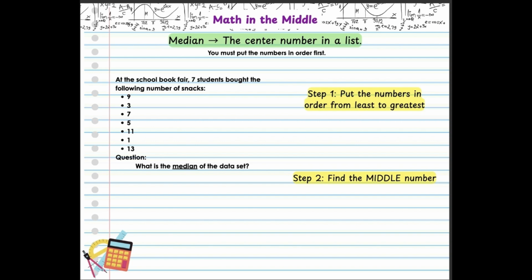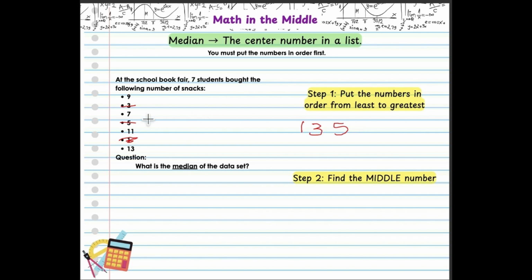So let's do step number 1. Put the numbers in order from least to greatest. All right, so looking at our numbers here, number 1 would be your first number. So let's just cross that out, put it there. Our second least number is 3. Our third least number is 5. When you're writing these down, try and give enough space between the numbers so you don't accidentally write a 2-digit number.